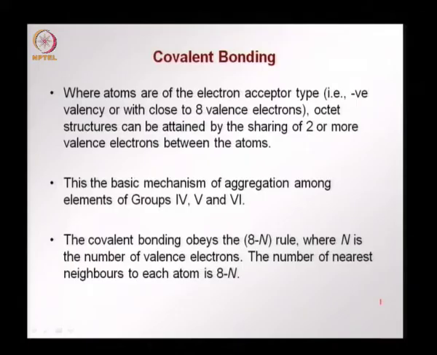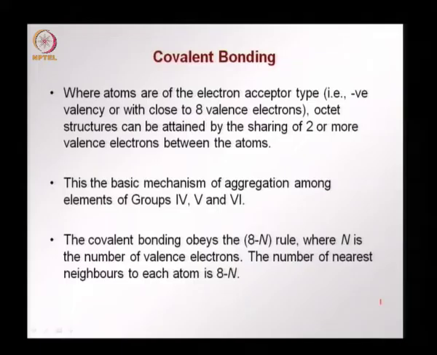So, here instead of the atom transferring the electrons like we saw in the ionic bond, the octet structure is achieved by sharing of the valence electrons between atoms, and this basically happens in bonds involving elements of groups 4, 5 and 6. And if you remember, we said that the group number indicates the number of electrons in the outer shell or the valence electrons.